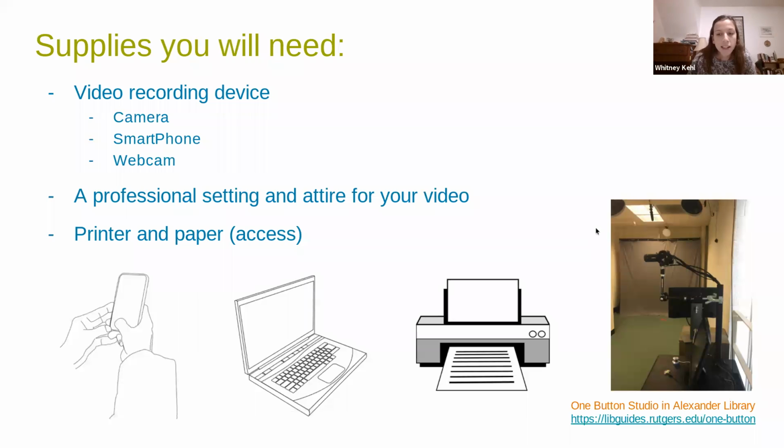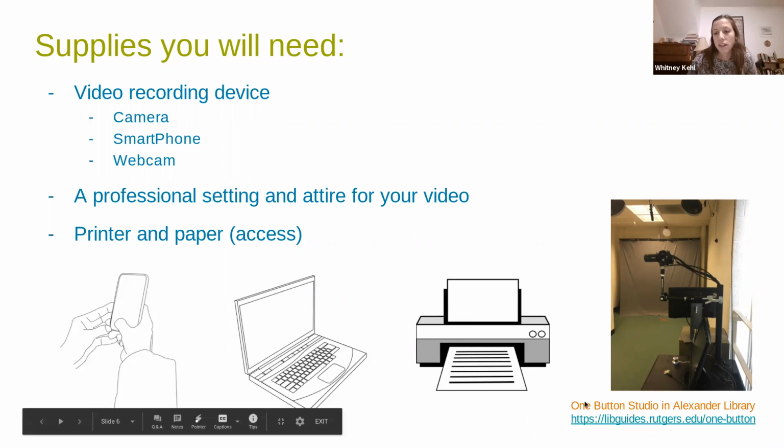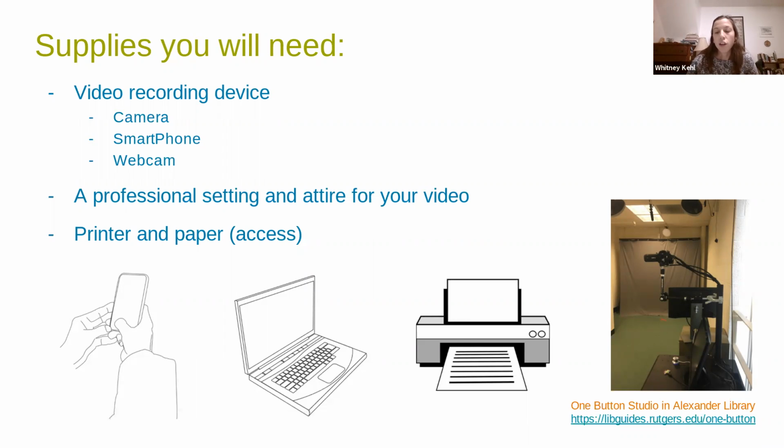And then over here on the right, I know the campus is mostly closed right now. There's very limited access to the libraries on campus, but in the hopes that by the time it reopens, all of you would still be able to come to campus and use this service, I wanted to point out the One Button Studio in Alexander Library. So that's in the bottom right corner, and that is a photo studio that has a computer and camera so that you can put in your own flash drive, do some photo shoots, and have instant content without needing to own that camera equipment.